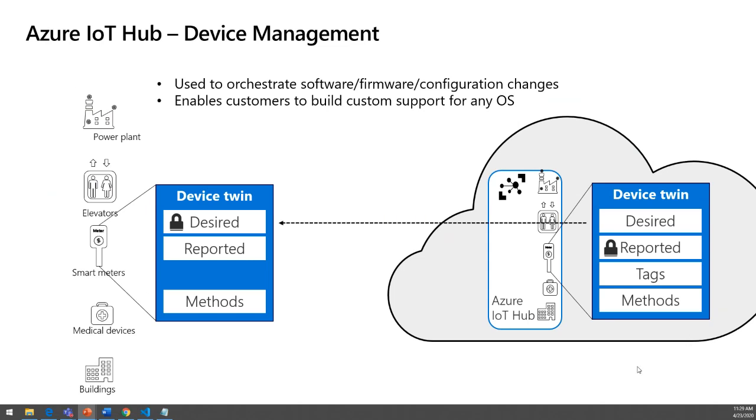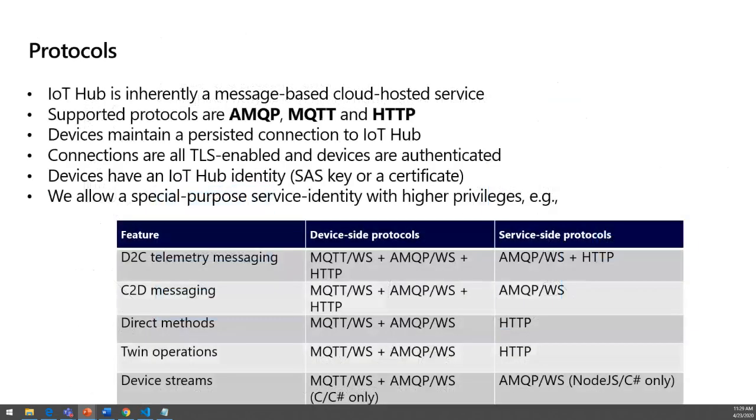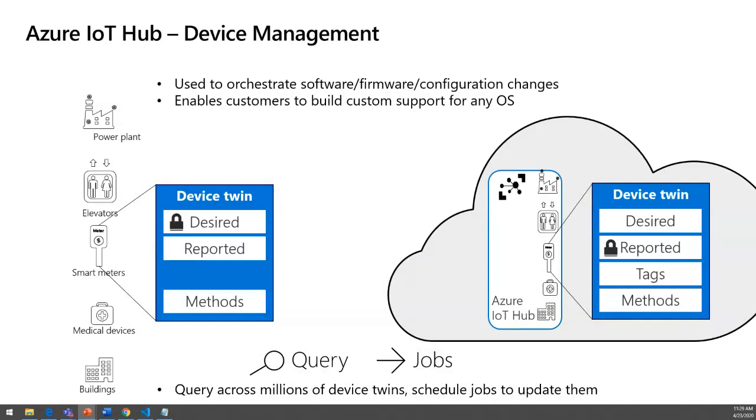There are different elements in the device twin to think about. There are tags, and tags are set by the service. They are not viewable by the device. Then you have desired properties. These are set by the service and delivered to the device. And then you have reported properties, which are set by the device and delivered to the service.